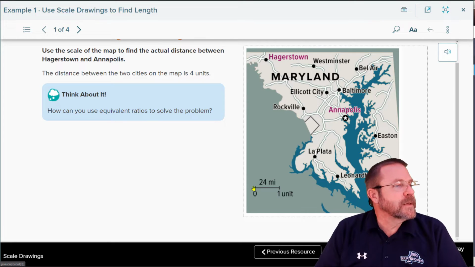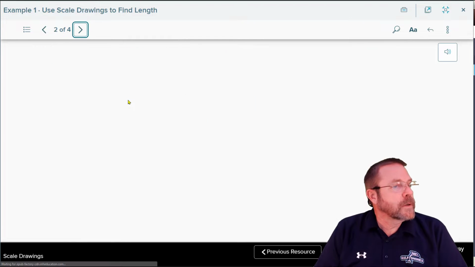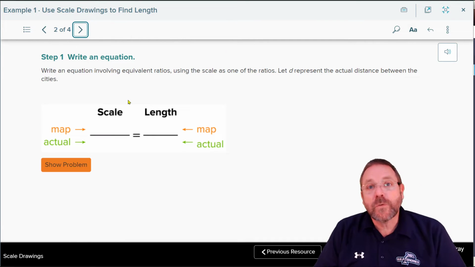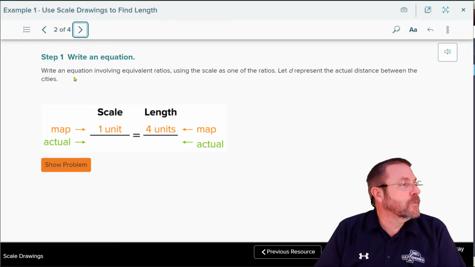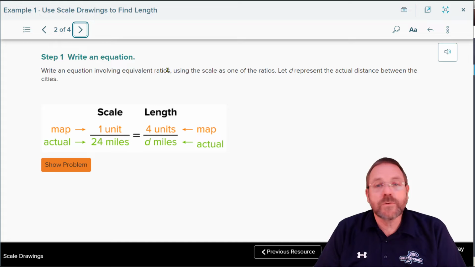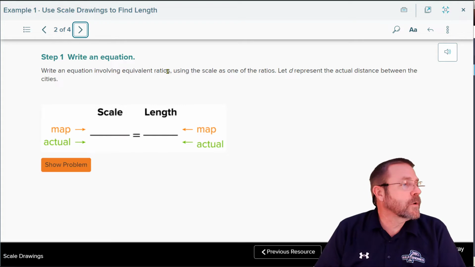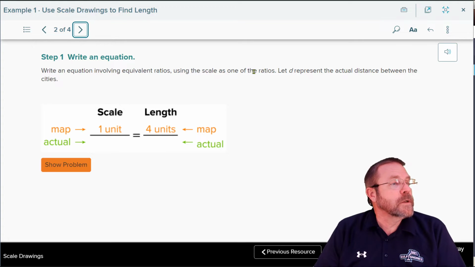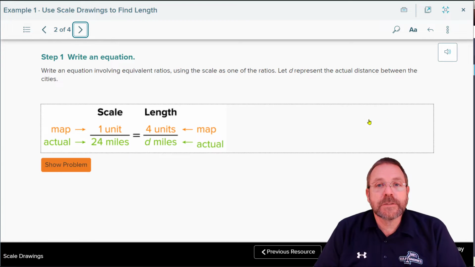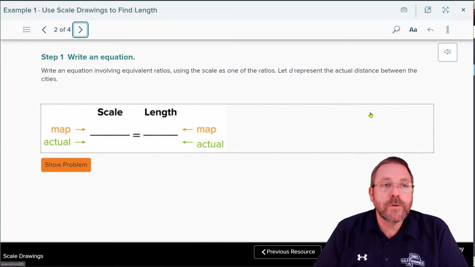So they're just using that as a unit's distance. From there, we're going to figure out a way to measure those units between the 2 places. We're going to set up an equation involving equivalent ratios. Ooh, we got some cool proportions going on here. And then use the scale as one of the ratios and let D represent the actual distance of the other one.